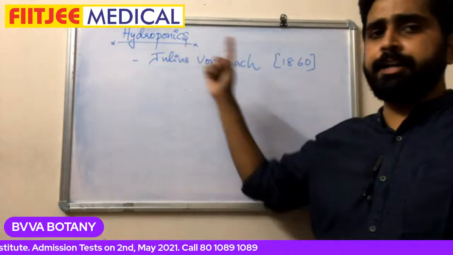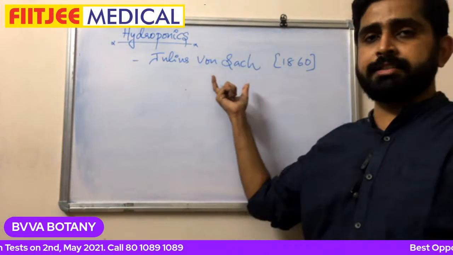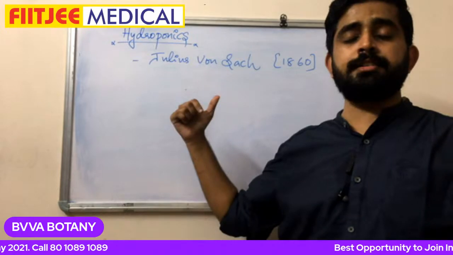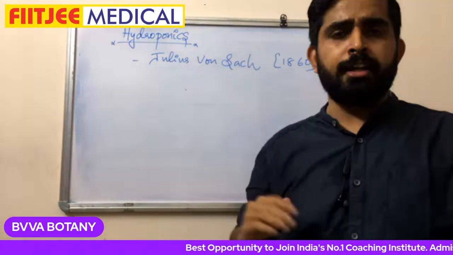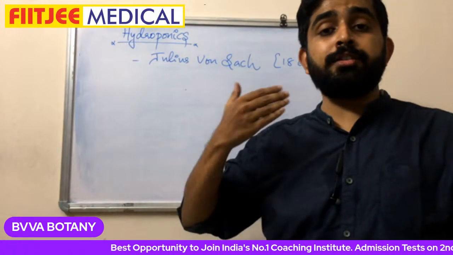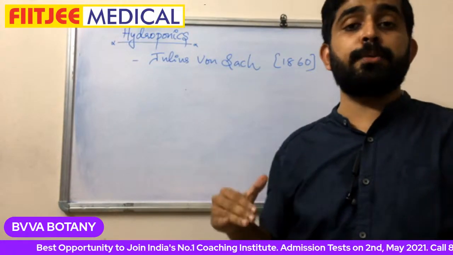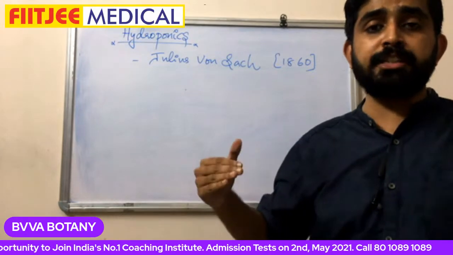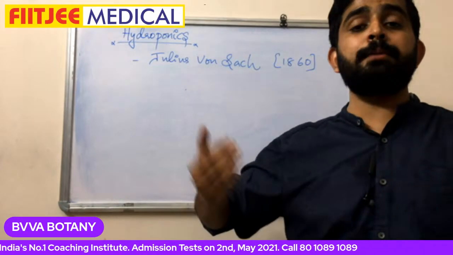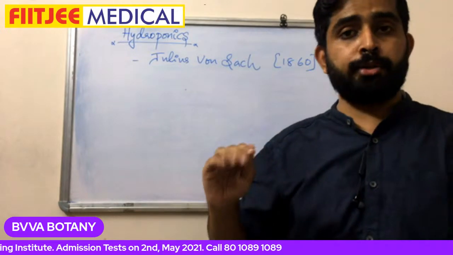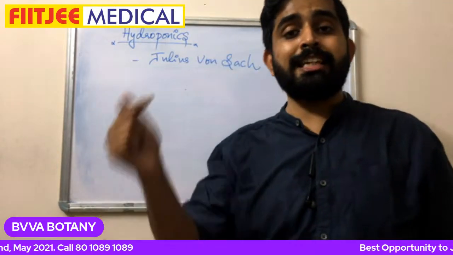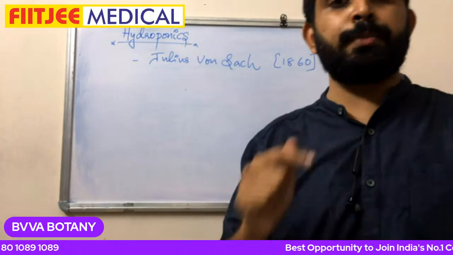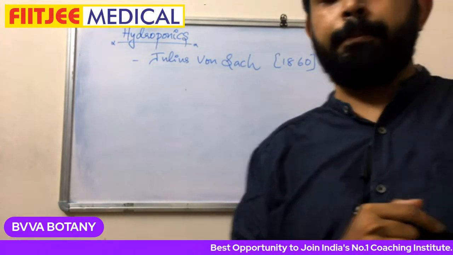So by hydroponics, Julius von Sachs demonstrated that plants can be grown in the complete absence of soil. What we have to do is give the nutrients for the plants in the form of a solution. With the help of the solution, the plant grows in the complete absence of soil. It is what is in the soil that determines the growth and development of the plant.